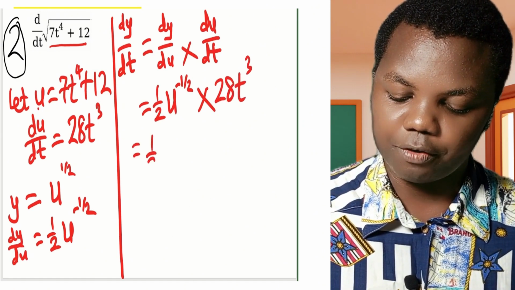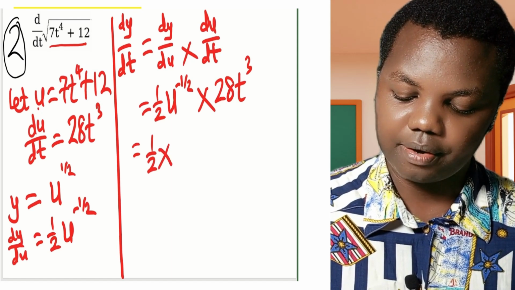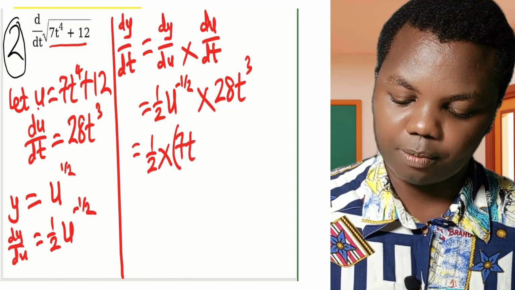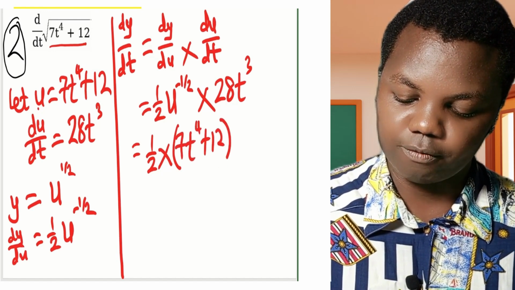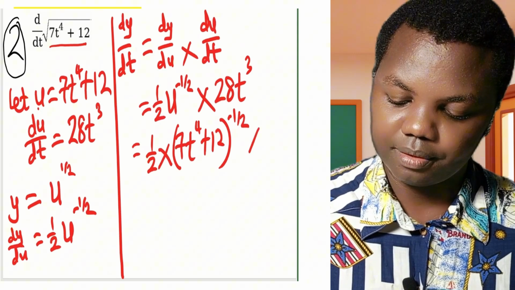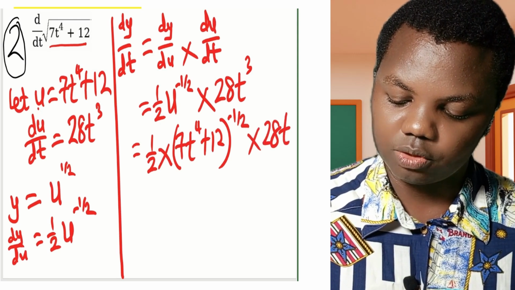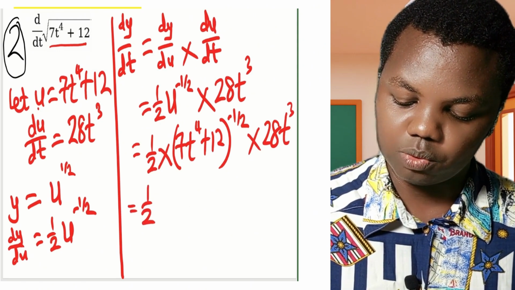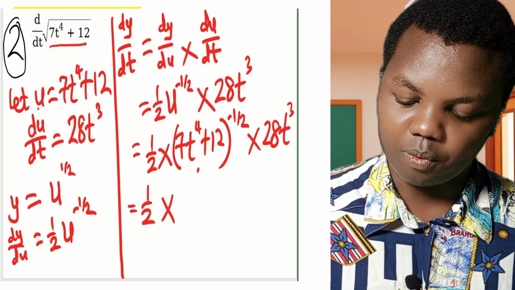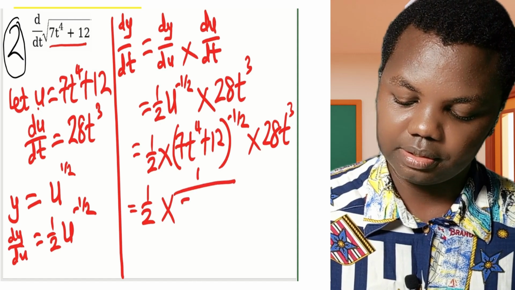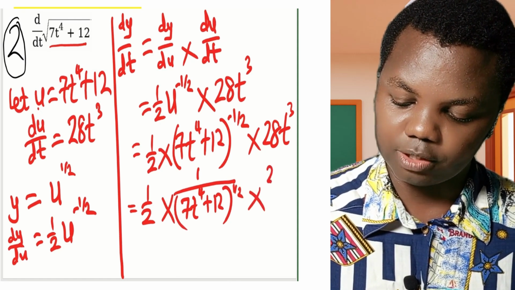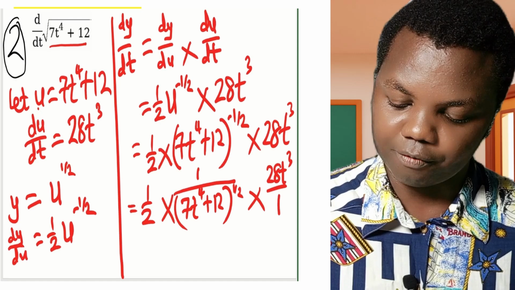So that becomes 1 over 2 multiplied by my u, which is 7t to the power of 4 plus 12, to the power of minus half, times 28t to the power of 3. That's 1 over 2 multiplied by 1 over (7t to the power of 4 plus 12) everything to the power of half, multiplied by 28t to the power of 3 over 1.